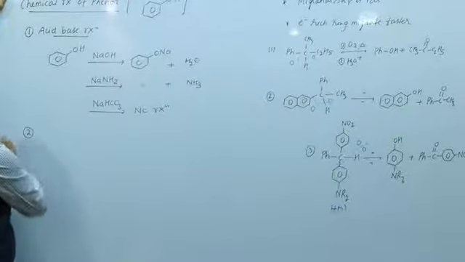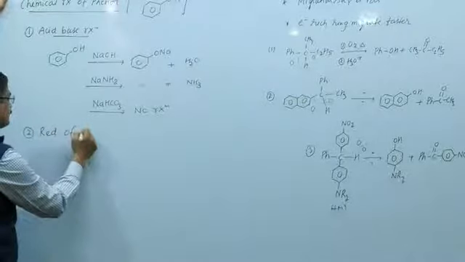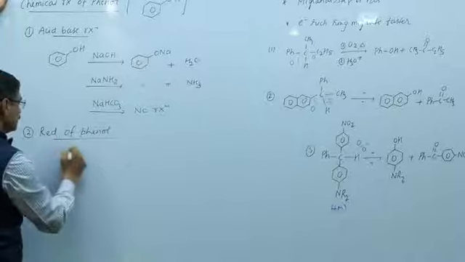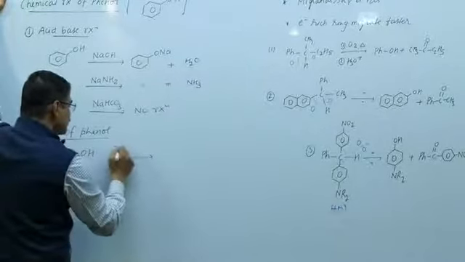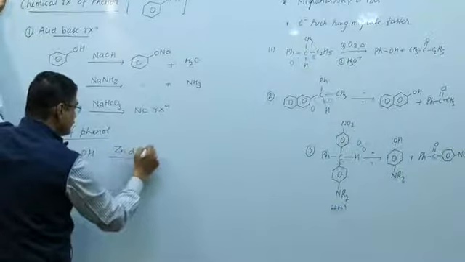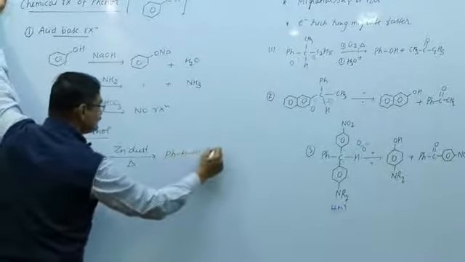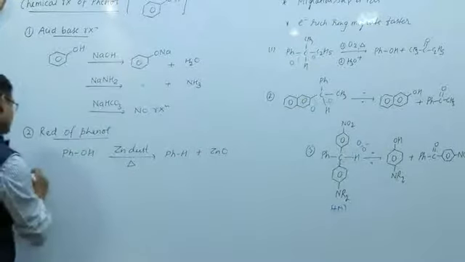The second kind of reaction is the reduction of phenol. In the presence of zinc dust, phenol reduces into benzene. So it is a reduction reaction.